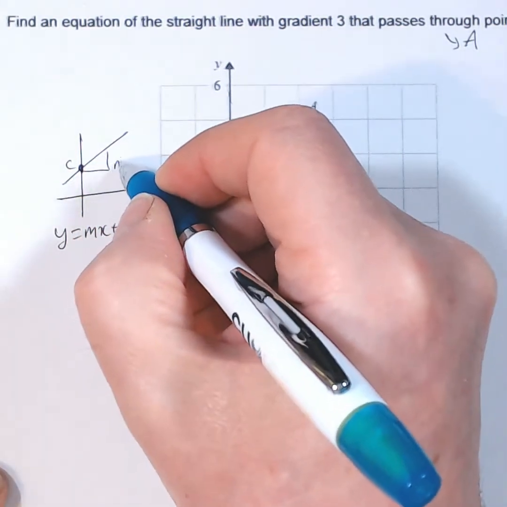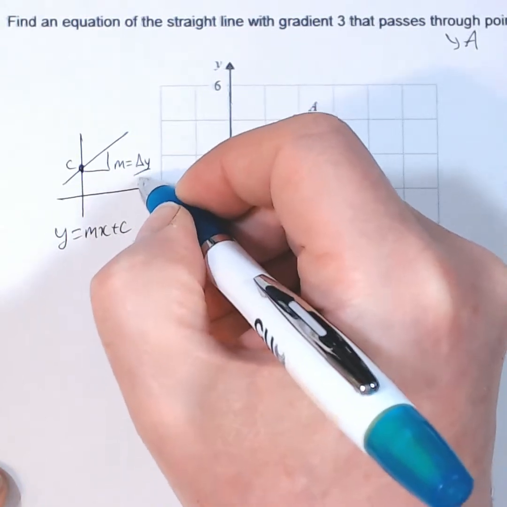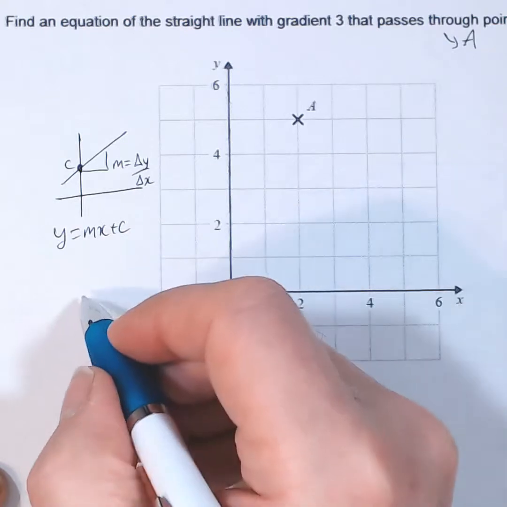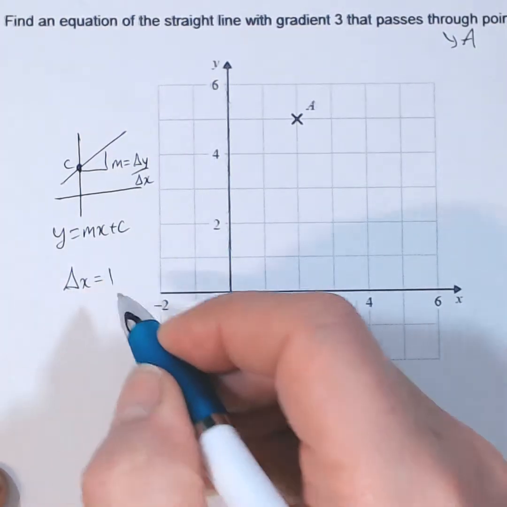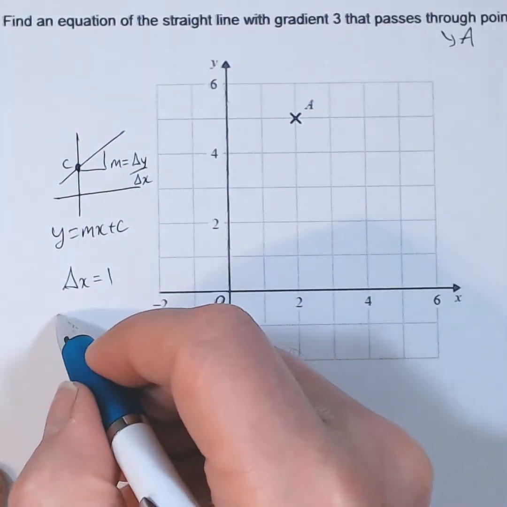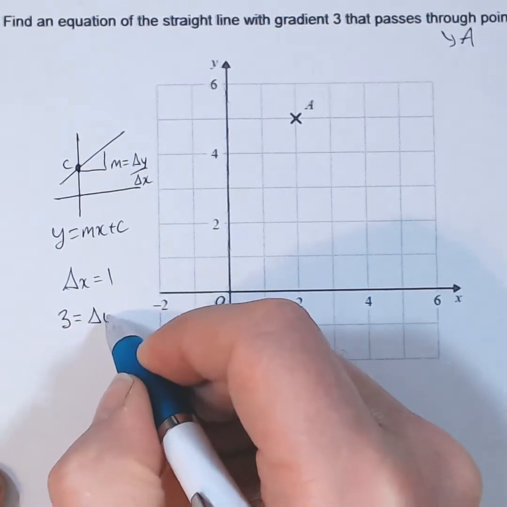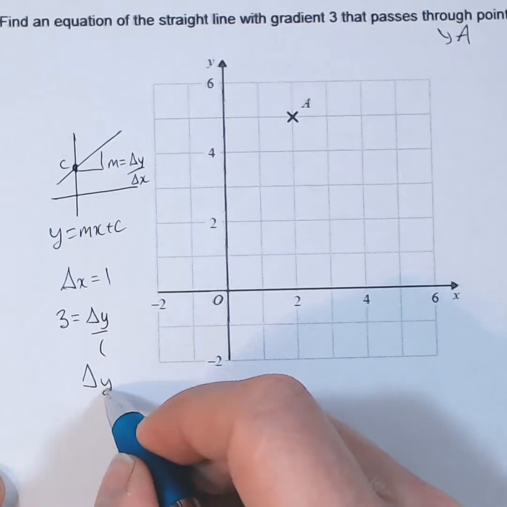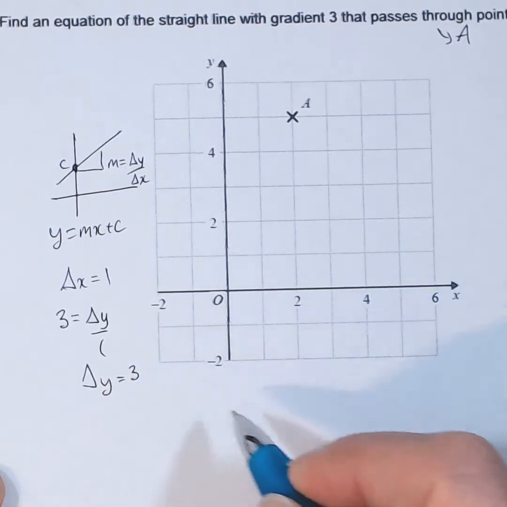So our gradient is the change in y divided by the change in x. Well, if I keep this simple, and I say that the change in x is 1, then we know that 3 is equal to the change in y divided by 1. Well, that means that delta y must have been 3.